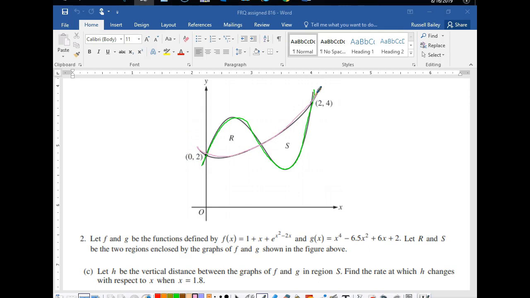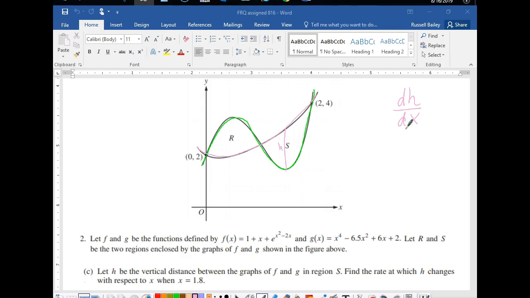Now the question is saying, let H be the vertical distance between those 2 graphs in the region S. So we're looking at this region here, and we're going to let H represent the distance between those. Okay? They're asking us to find the rate at which H is changing with respect to X, dH/dx. Okay?